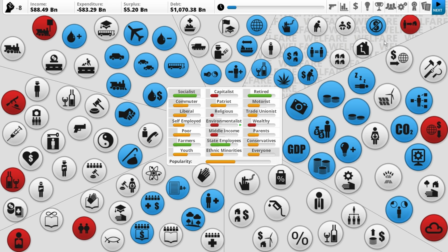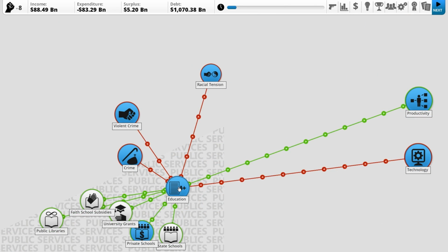And I just gotta say, don't let the graphics fool you. This is not meant to be a graphical full action game. This is meant to be a management game, and it's a deeply integrated game where every system affects every other system in some way. Whether it's education here, you can see how it affects things.